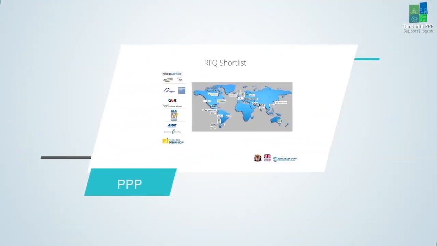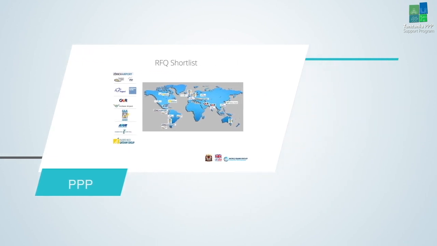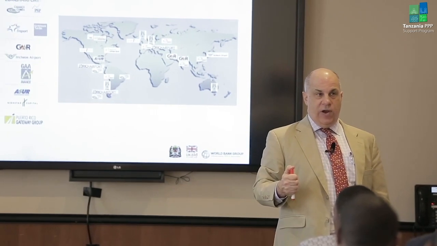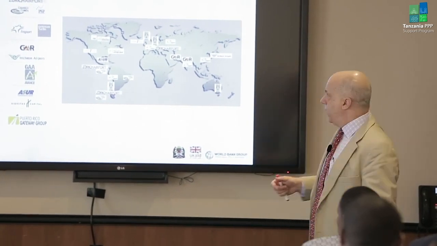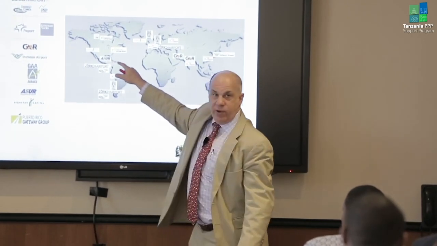They had a rather lengthy short list. They had, I think, 11 responses to the RFQ, 11 statements of qualifications. You can see Puerto Rico down here in the Caribbean. They received responses from around the world for this project.